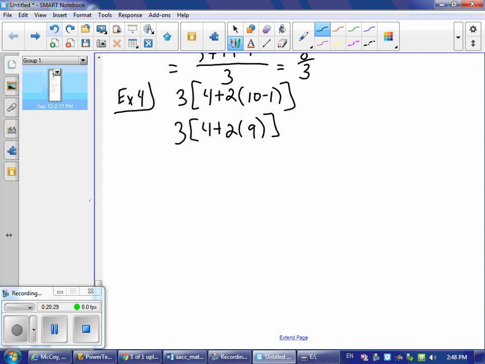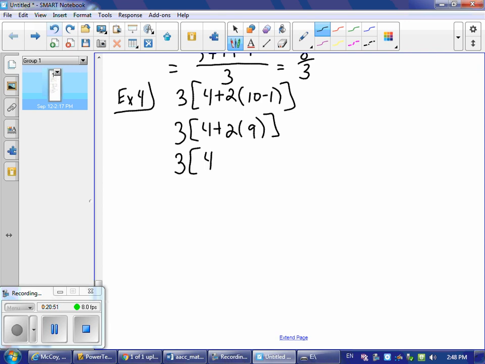Okay, while I do have another parentheses inside the bracket, it's now just 9. There's nothing to simplify inside there because 9 is just 9. So now I'm going to work on the bracket part. Well, the bracket has 4 plus 2 times 9. Multiplication comes before addition and subtraction. So still leaving that 3 on the outside.